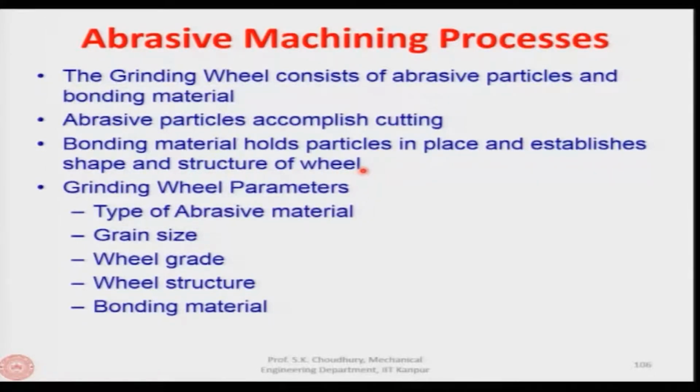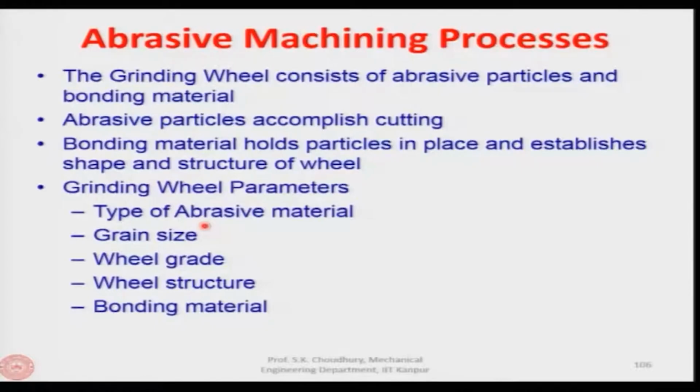So, the grinding wheel performance depends on 5 parameters. These are the abrasive material, grain size, wheel grade, wheel structure and the bonding material. Okay. Depending on what kind of abrasive material we are using, either Al2O3 or silicon carbide or diamond, and what kind of grain size we are using, rough, bigger grain size or medium grain size or smaller grain size.